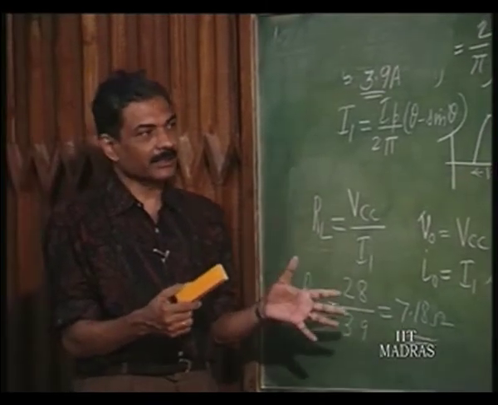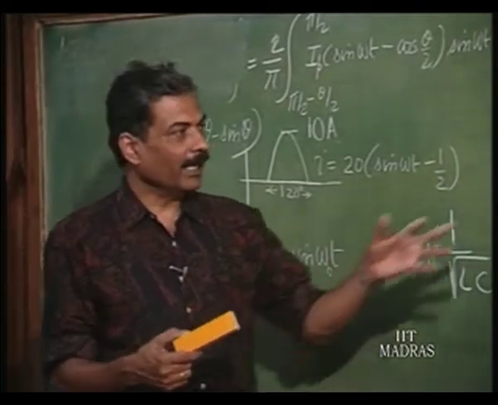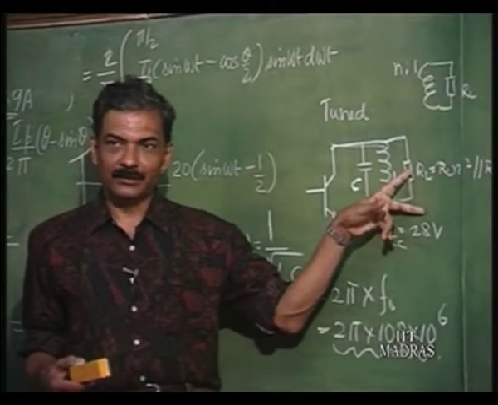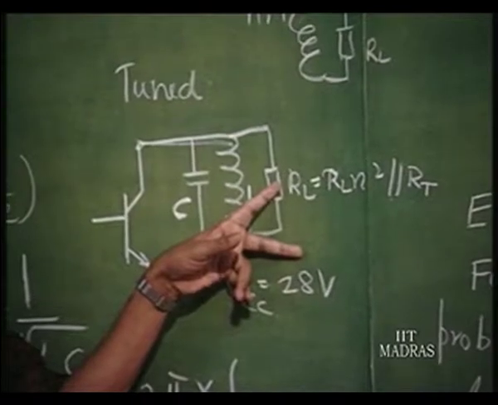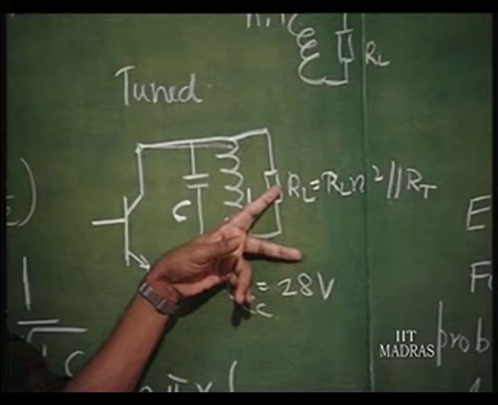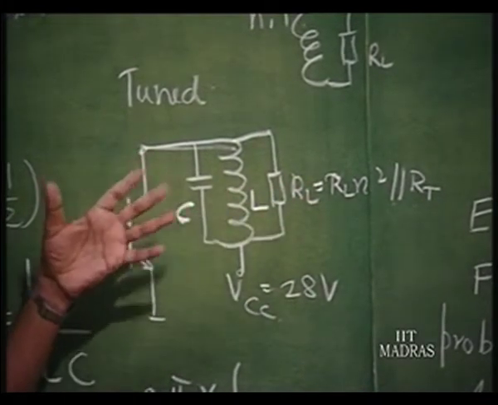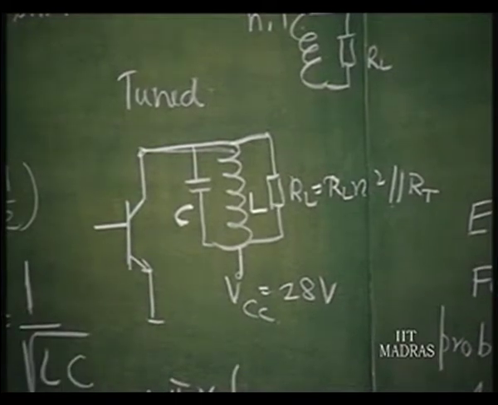This load resistance is made up of the reflection of the antenna resistance and the coil loss. Most of what is transferred is going to be transferred to the antenna, if the coil resistance is not so high.